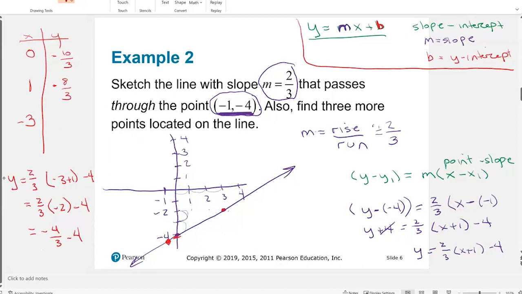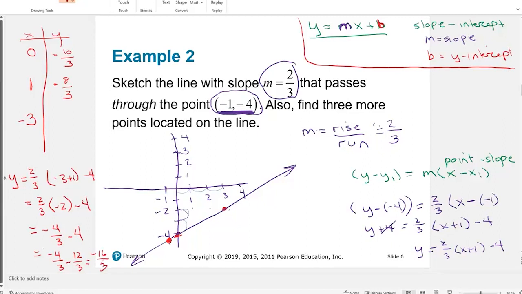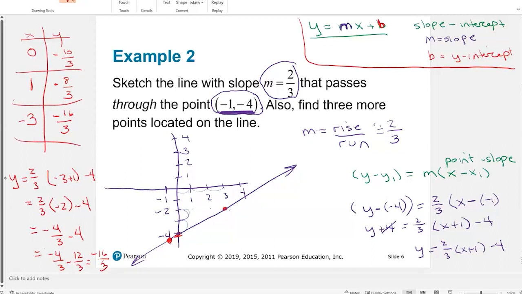Again, I'm going to change the 4 into 12/3. So we have -4/3 minus 12/3, which equals -16/3.